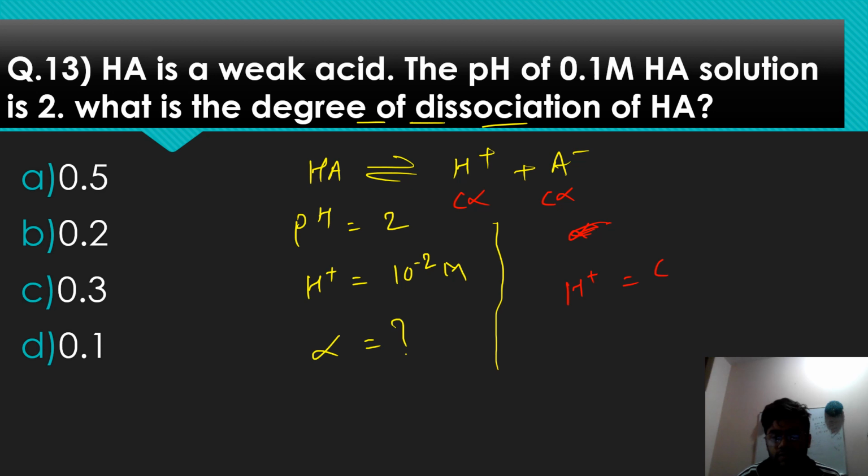So H plus equals C alpha. We know H plus is 10 to the power minus 2 and the concentration is 10 to the power minus 1, as given. Therefore alpha equals 10 to the power minus 1, that is 0.1. So the right answer is D.